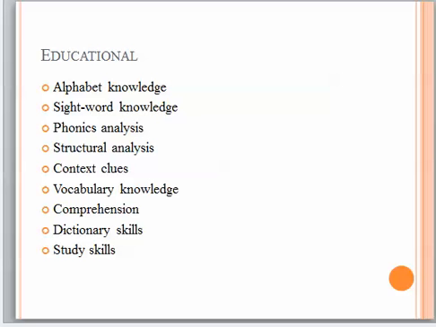Sequential, being able to work with expository texts and being able to identify that which is most important, summarizing, annotating, dictionary skills, and the use of a dictionary, as well as study skills and how to study and how do I learn best and how do I study best.